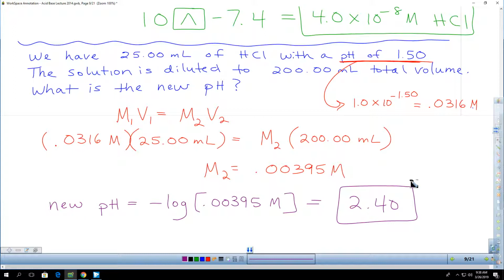This is like complex. This is good stuff where you're combining a few concepts here. First I had to be able to get the initial molarity given the pH, which that alone could be like its own question if it were like a simple or essential.